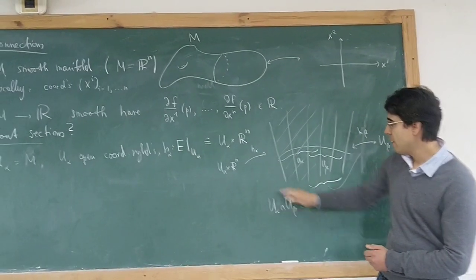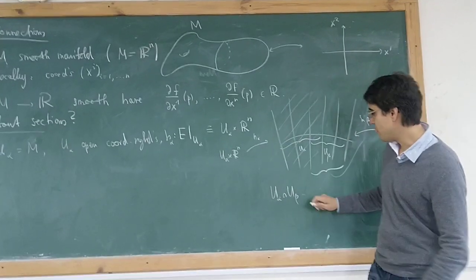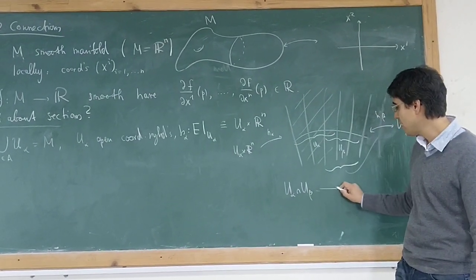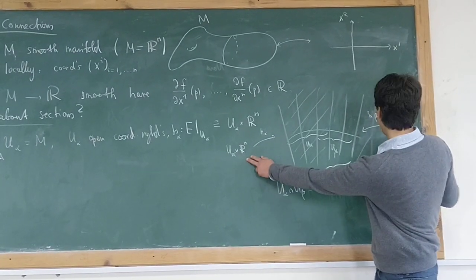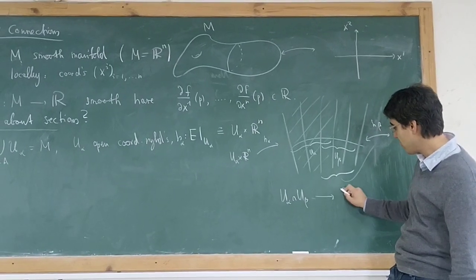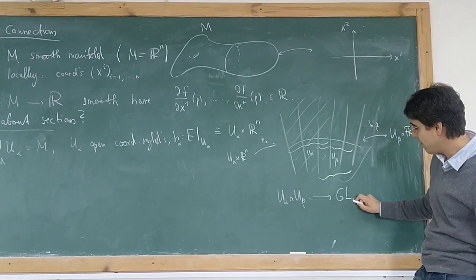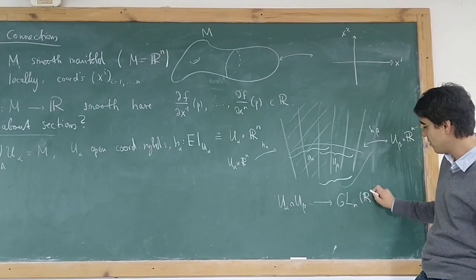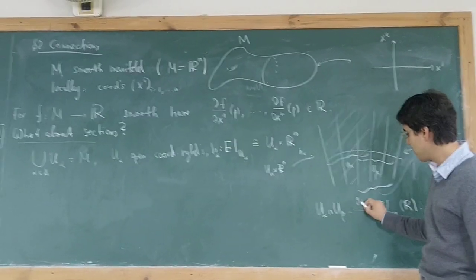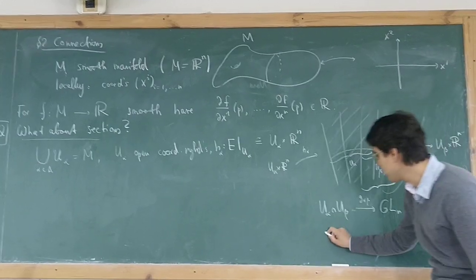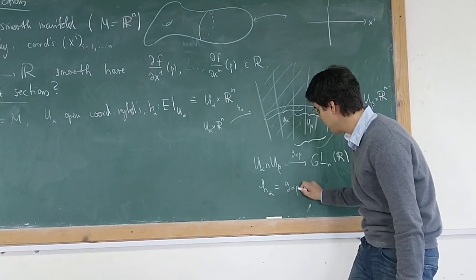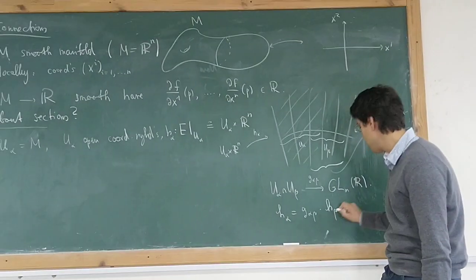And these two maps, the first component is always the identity, and the second component is a linear transformation from Rn to Rn. We usually write that as an invertible n by n matrix over R. So we have these G alpha beta maps, so that H alpha equals G alpha beta times H beta.